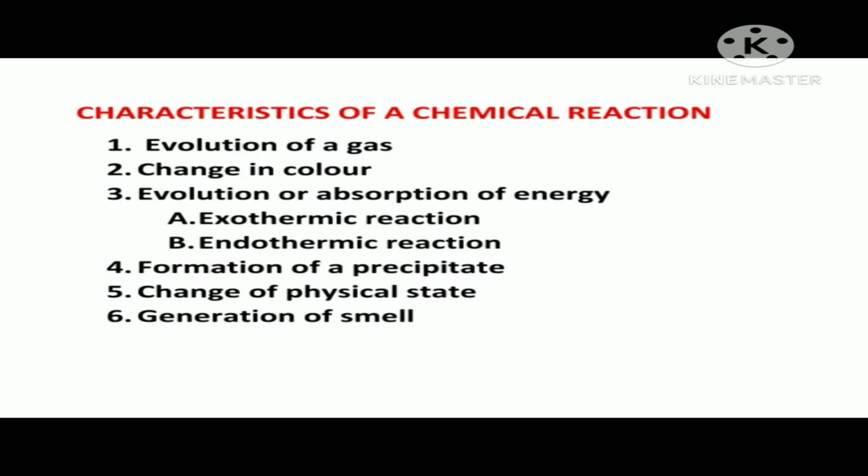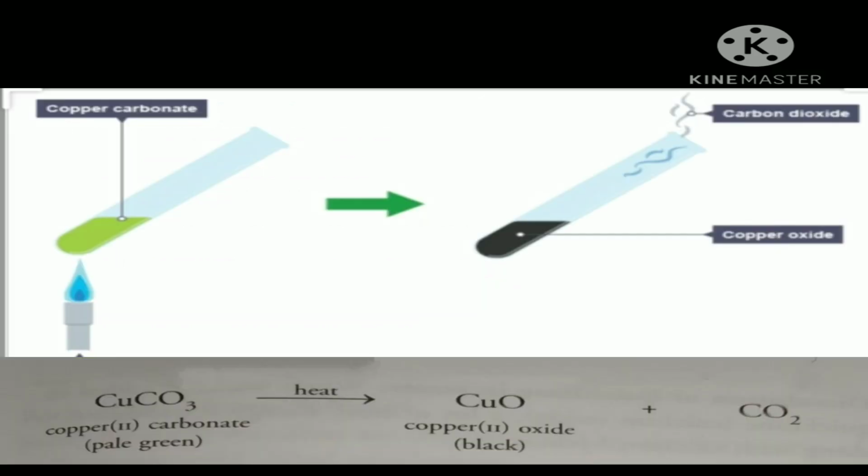Let's see some examples of a chemical reaction where there is change in color. Copper carbonate is pale green in color. When it is heated, it produces copper oxide and carbon dioxide. The copper oxide is black, so there was a change in color.